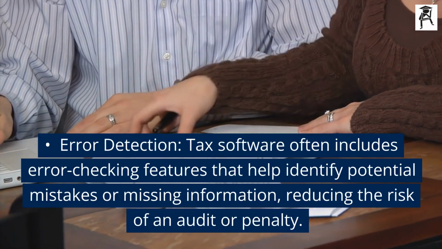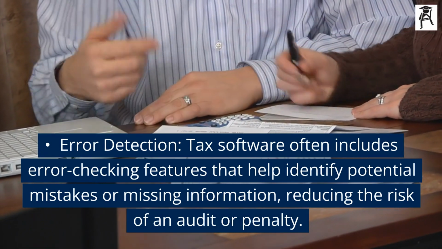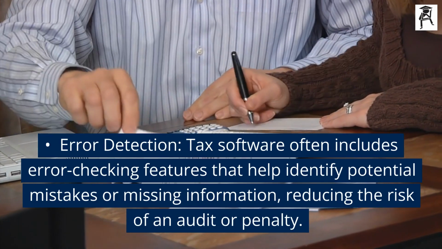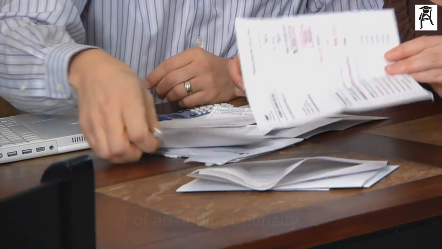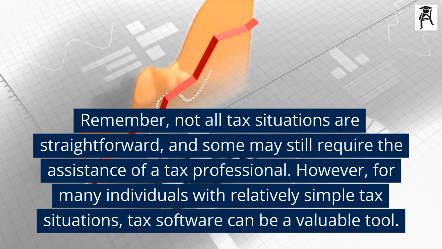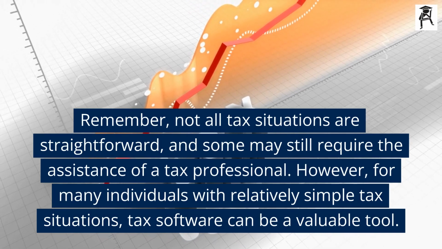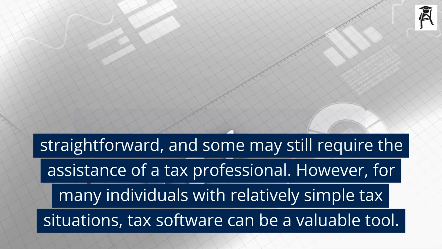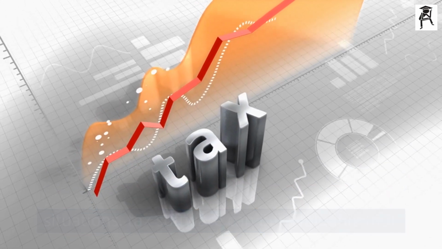Error detection. Tax software often includes error checking features that help identify potential mistakes or missing information, reducing the risk of an audit or penalty. Remember, not all tax situations are straightforward, and some may still require the assistance of a tax professional. However, for many individuals with relatively simple tax situations, tax software can be a valuable tool.